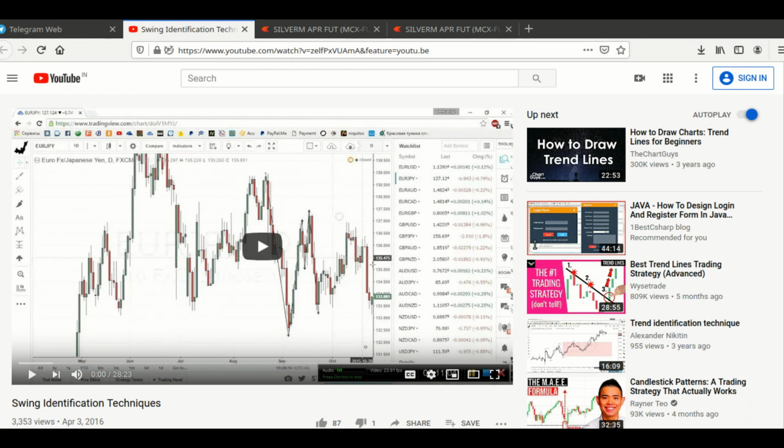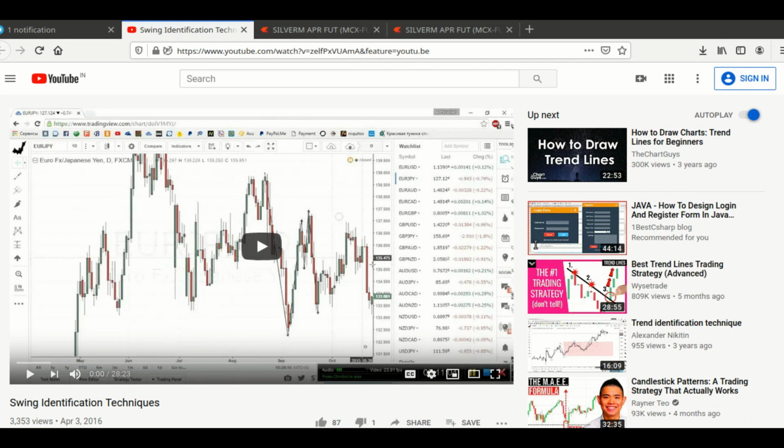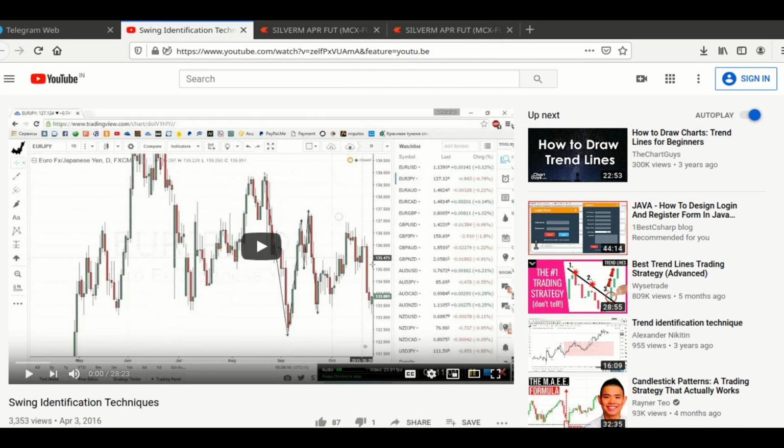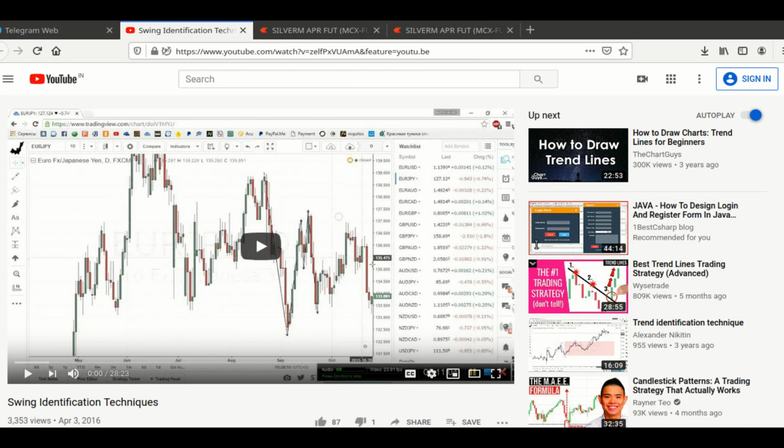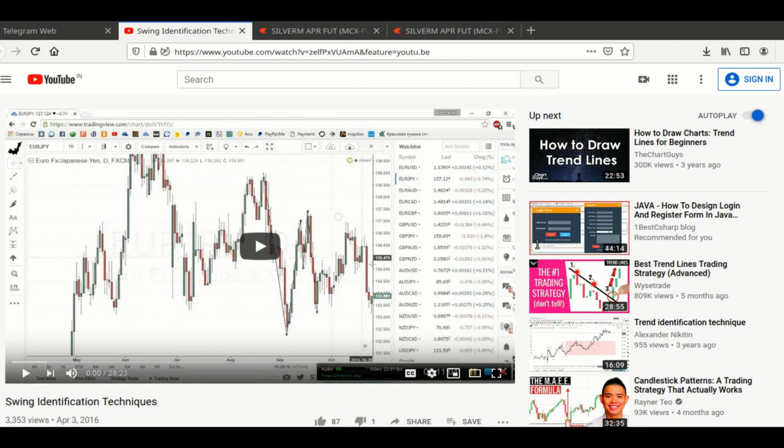Okay, now the next thing, to take the advantage of trend lines, basically understanding the chart patterns will be very beneficial. The few chart patterns of my recommendation would be to understand the flags, flag poles, then ascending triangles, descending triangles, wedges, and pennants.